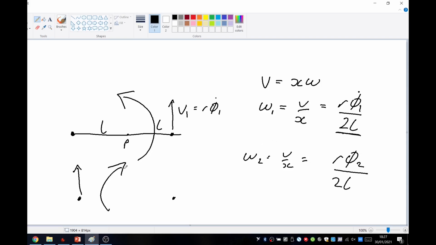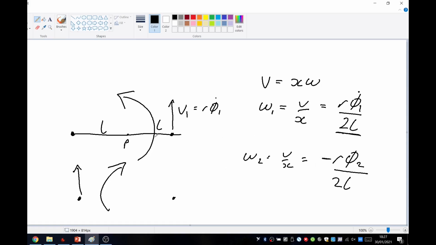Difference in this case is now we've got anti-clockwise rotation. So as I said, it was important to define which way you class as positive rotation. We've classed positive rotation as anti-clockwise, and therefore, because this is in the different direction, this will be minus.